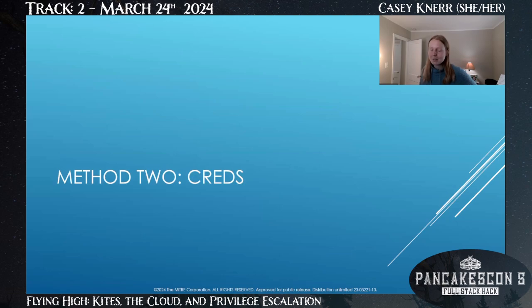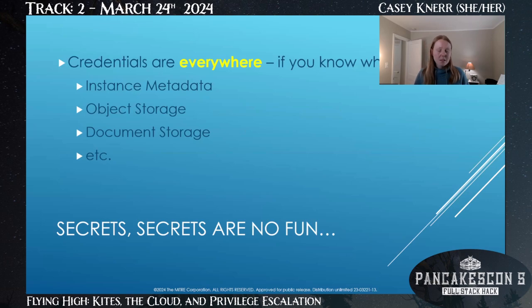And so the second method I want to talk about is using credential access in order to escalate privileges. So credentials are everywhere if you know where to look. And I think the key point I want to emphasize here is that they're not just in the cloud control plane. I think here is where you can really leverage this connection between cloud and other cloud environments.